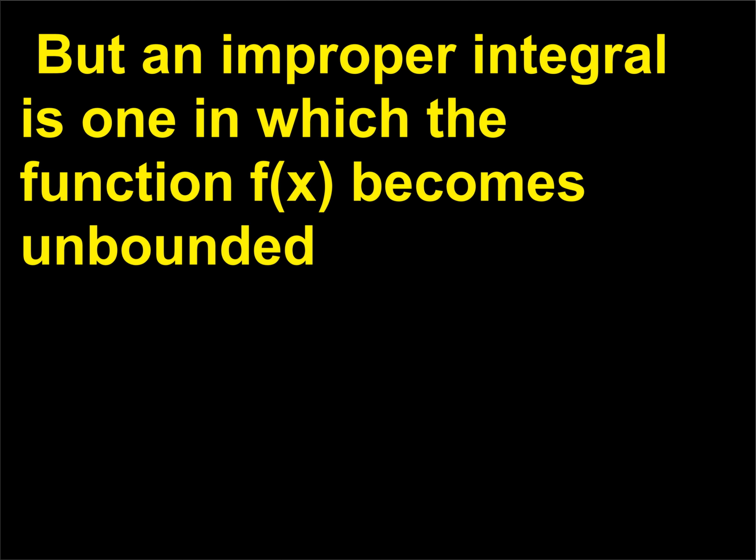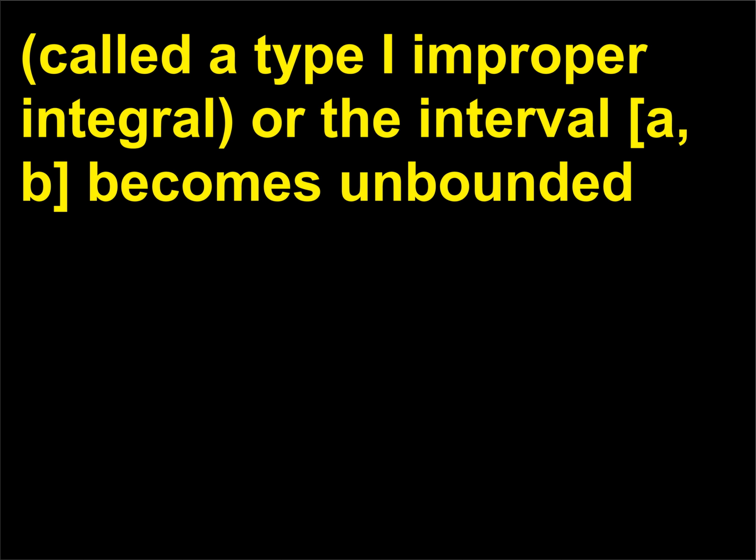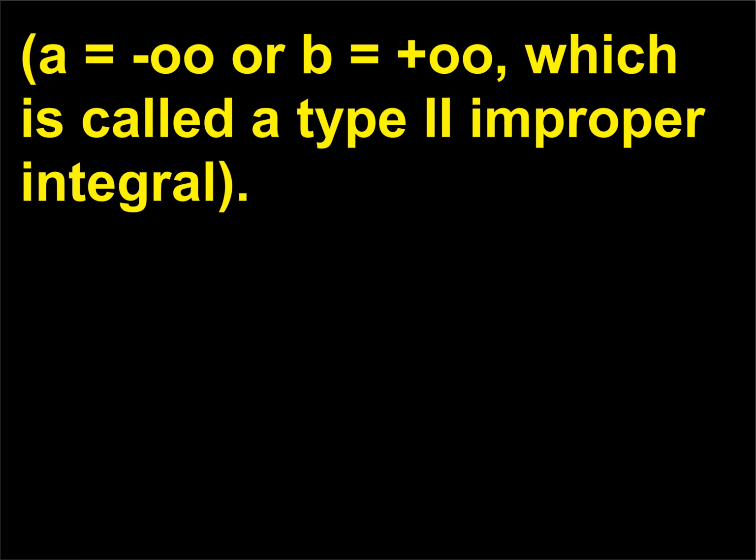But an improper integral is one in which the function f(x) becomes unbounded, called a type I improper integral, or the interval [a, b] becomes unbounded, a equals minus infinity or b equals plus infinity, which is called a type 2 improper integral.